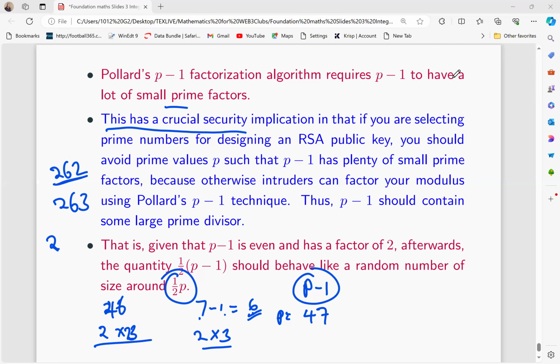But that is a point I was trying to make, that as you choose P for your RSA and also Q, of course, you're choosing the two prime numbers, ensure that they do not have smaller prime factors. They should have only two, and maybe from there go to another very huge prime factor. That is a point I wanted to emphasize as we end.